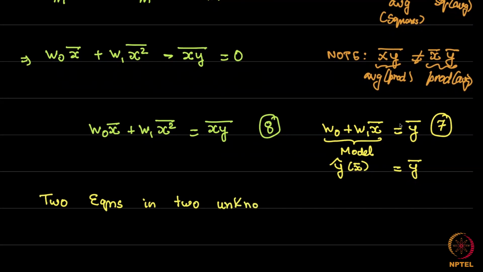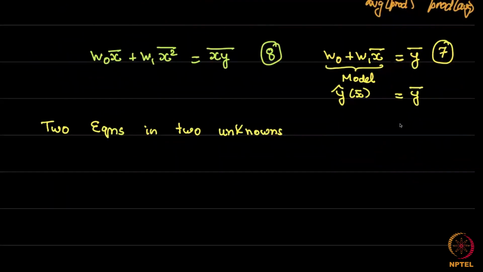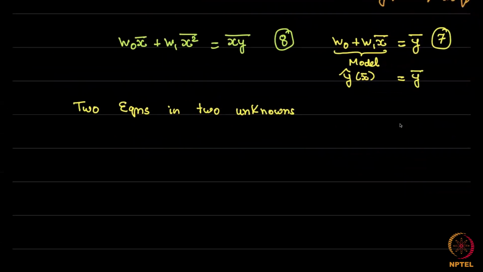And we can solve this to obtain W0 and W1. So fairly easy to do that. So the way to solve this is, let's say we eliminate W0 by multiplying equation 7 by x bar and subtracting out equation 8.